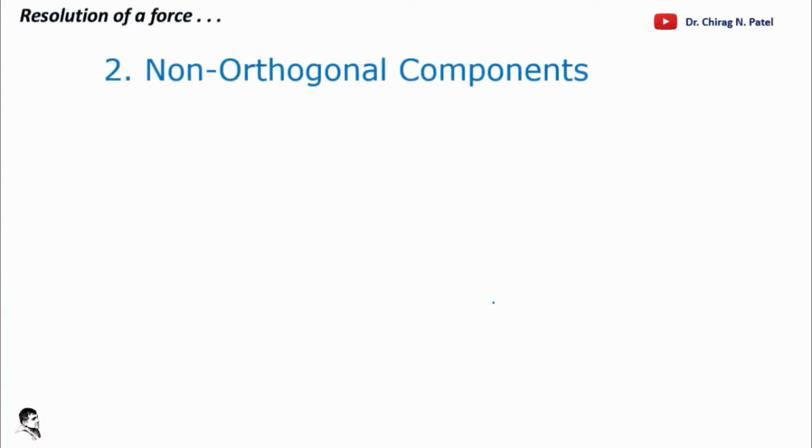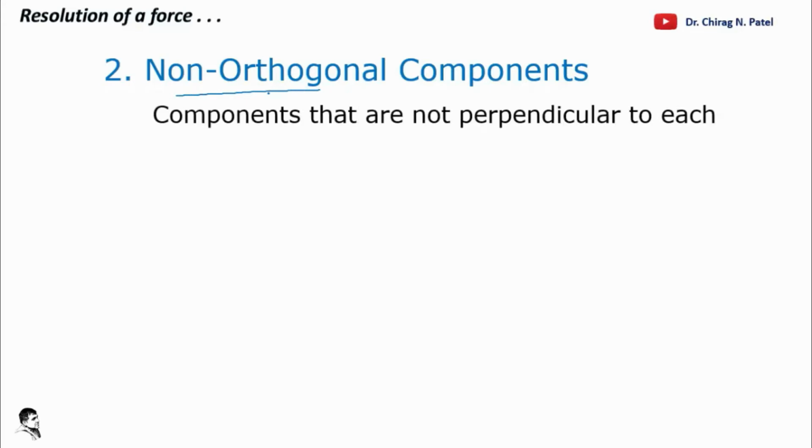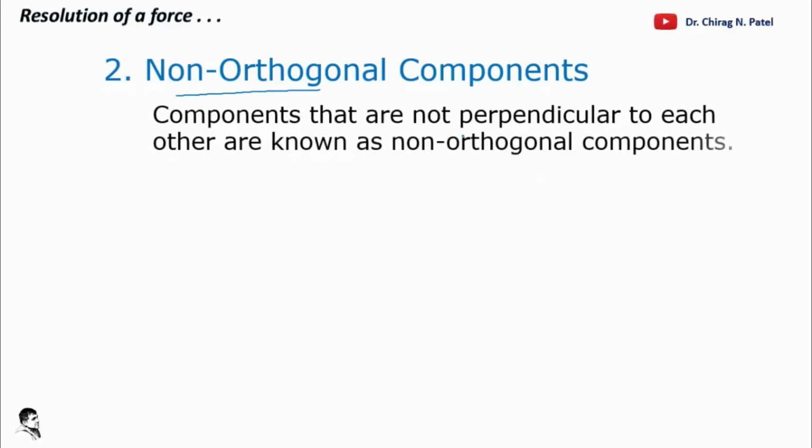Now let us see the second one, that is non-orthogonal components. Those components are not perpendicular to each other, which means they cannot make a 90 degree angle as we see in orthogonal components. So this type of components are known as non-orthogonal components.